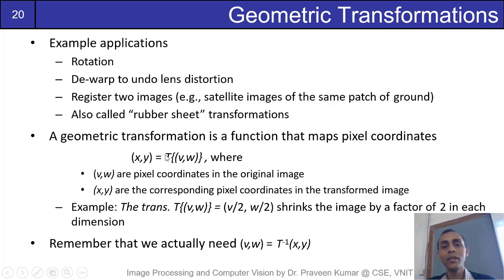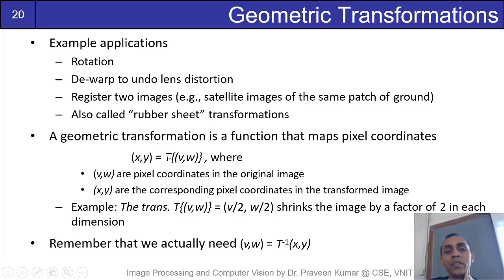So basically, geometric transform is we would like to change the pixel coordinates. So the spatial location of the pixels is going to change. Let us say v, w is your pixel coordinate in the original image, and x, y is the corresponding pixel coordinate in the transformed image.